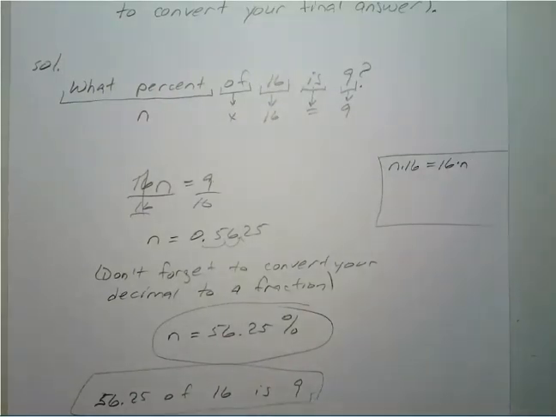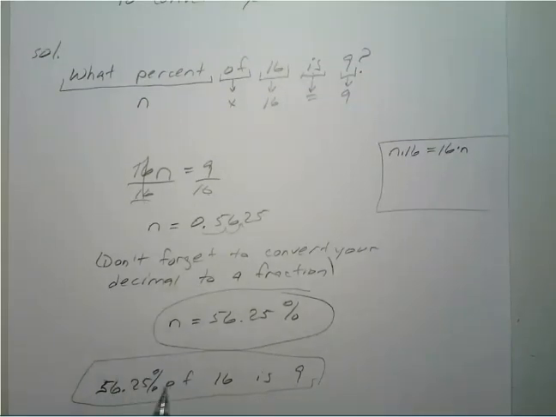Okay, well, that makes sense because if you think about it, oh, forgot my percent sign. 50% of 16 is 8. So 56.25% of 16 being 9 makes sense. Okay, so remember, always plug it in just to see, okay, well, you know what? My answer makes sense.